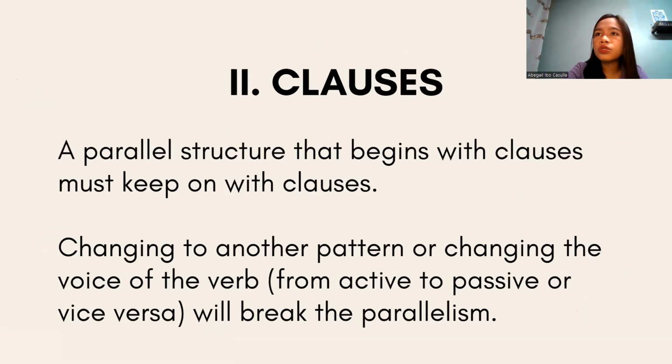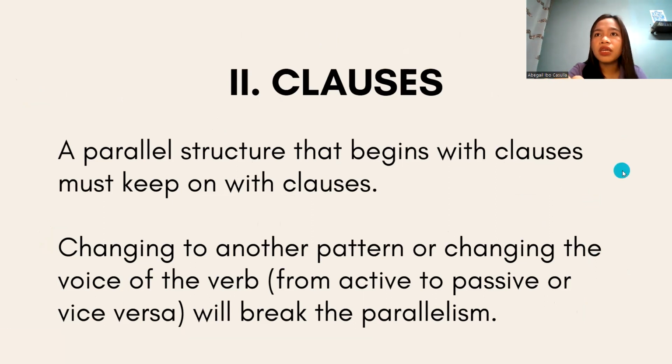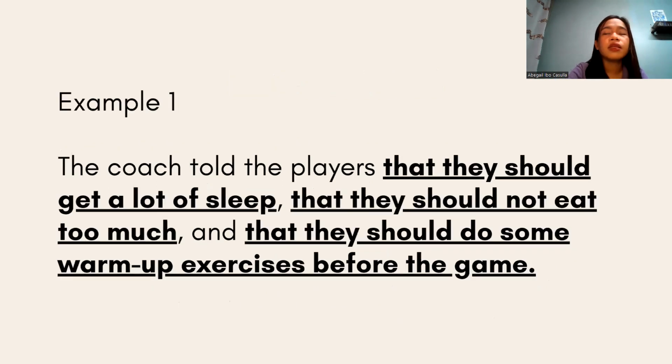Okay. We also use parallelism for clauses. A parallel structure that begins with clauses must keep on with clauses. Changing to another pattern or changing the voice of the verb from active to passive or vice versa will break the parallelism. So we must be consistent. Let us take a look at this example one.